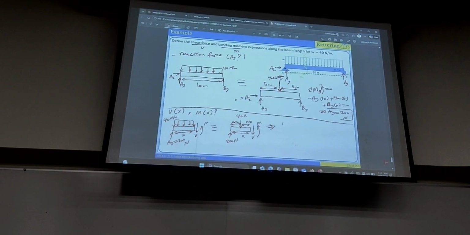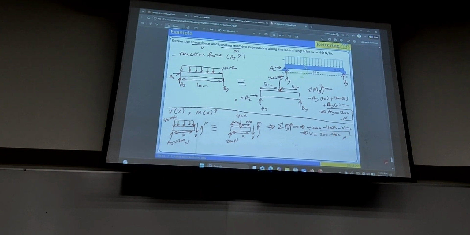The same way. Sum of forces in y gives us V. So 200 because it's upward, minus 40x because it's downward, minus V because it's downward. Set it to 0. You will get V equals 200 minus 40x in terms of x.